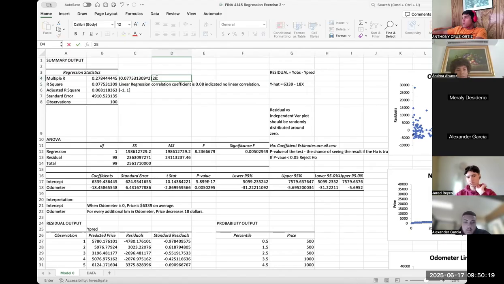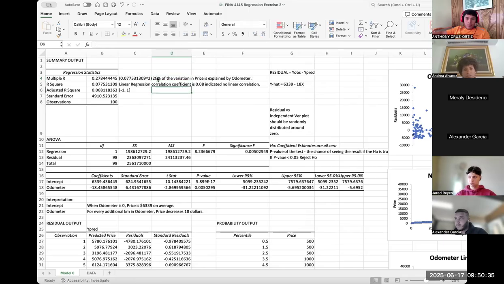So we say 28% of the variation in price is explained by odometer. So that's not a lot. It's something, but that's not a lot. So that's what justifies looking for other variables that explain the price.